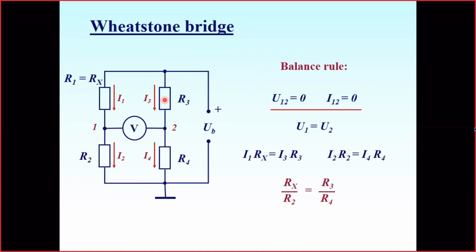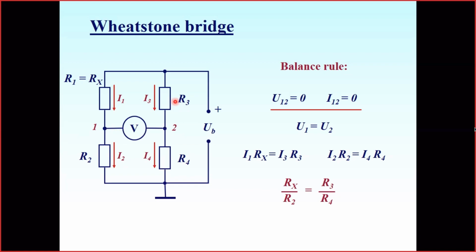If we start to balance this bridge, for instance, and R3 is still less than the measured Rx, then probably this voltage will be higher than this one with one polarity. Then we continue to balance, and let's imagine that we overbalance the bridge. So we come to balance and continue to increase R3. If we continue to increase R3, the bridge will go out of balance once more, but now this voltage will be less than this one.